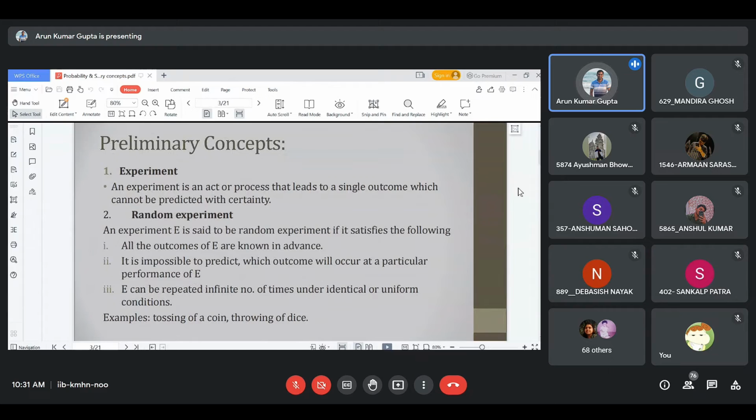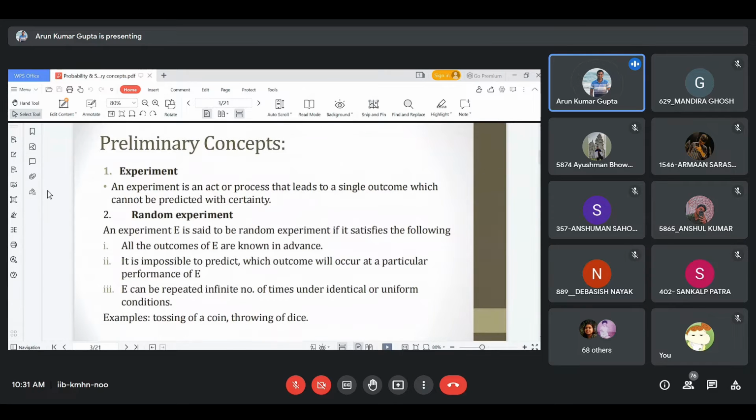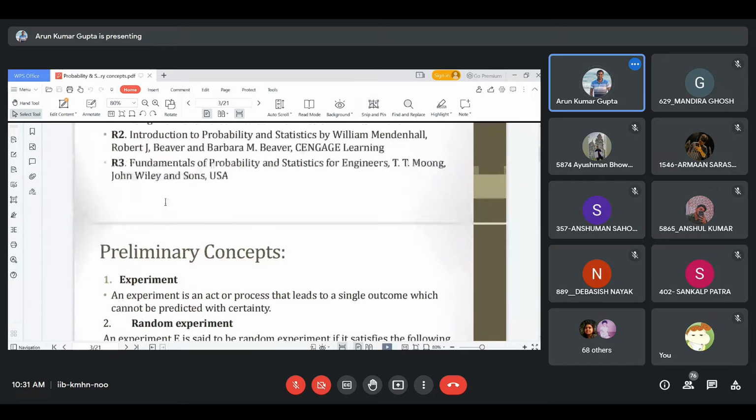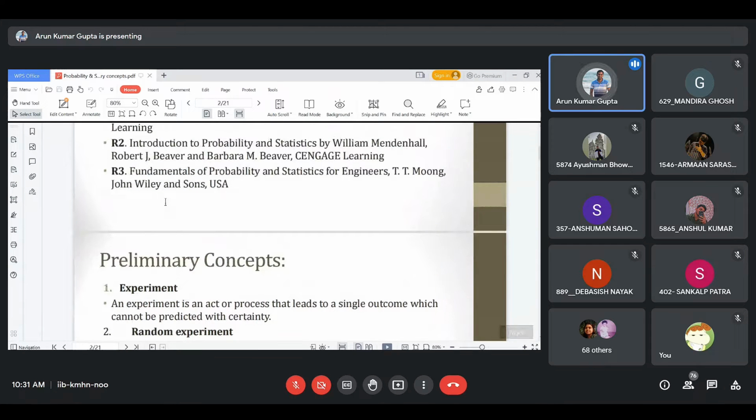I hope you know these things, but still I have given you the book definition. It depends on you how you understand things. So what do you understand by an experiment? An experiment is an act or process that leads to a single outcome which cannot be predicted with certainty.